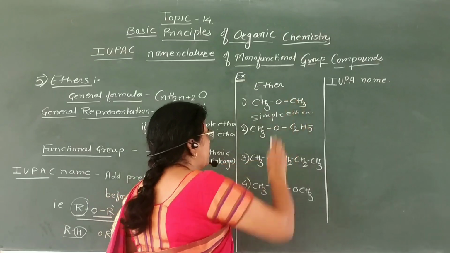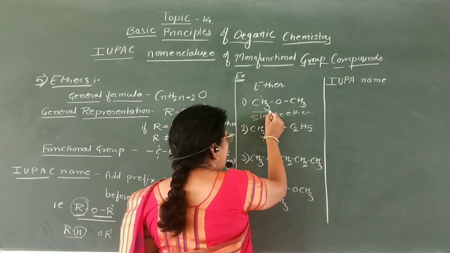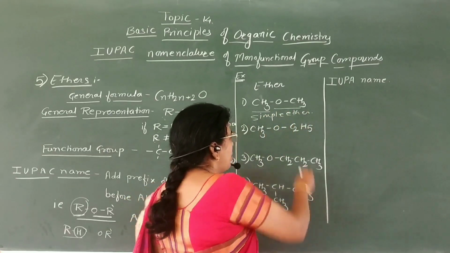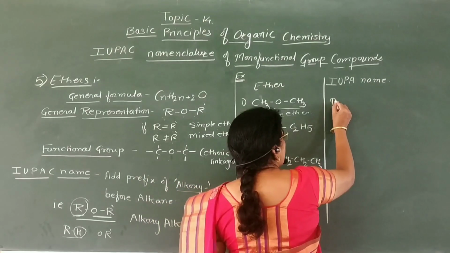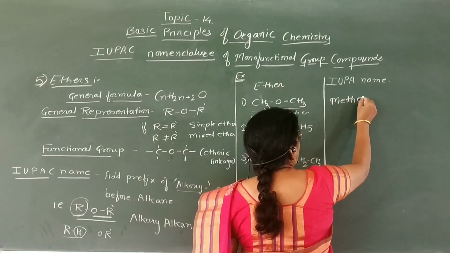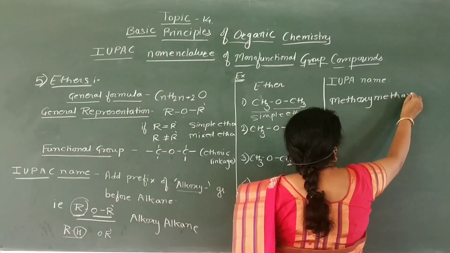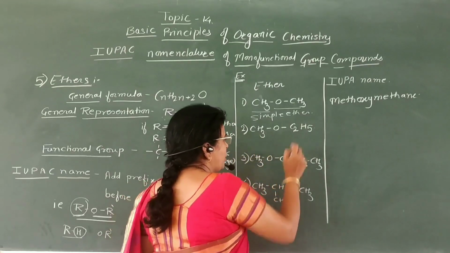First we consider the alkane, that is methane. It is attached to a methyl and oxygen atom, that is methoxy. Therefore the name of this ether is methoxymethane.